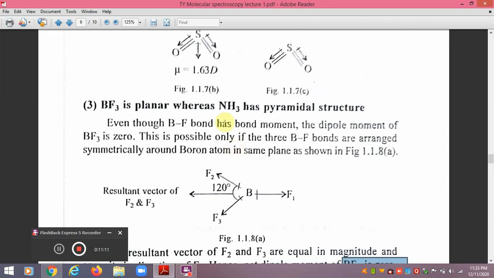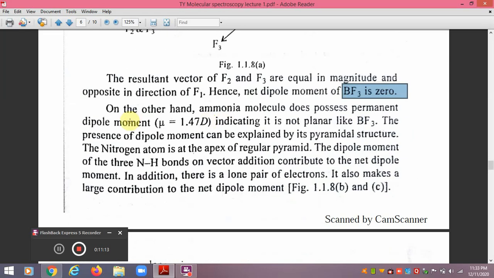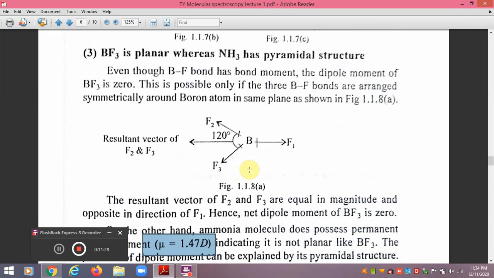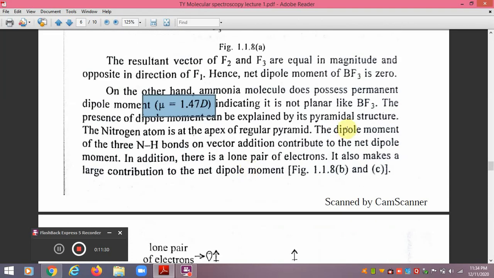On the other hand, the ammonia molecule shows 1.47 D dipole moment. It indicates that in ammonia, the one nitrogen and three hydrogens are not symmetrically arranged in the same plane, and this is explained by means of its pyramidal structure.